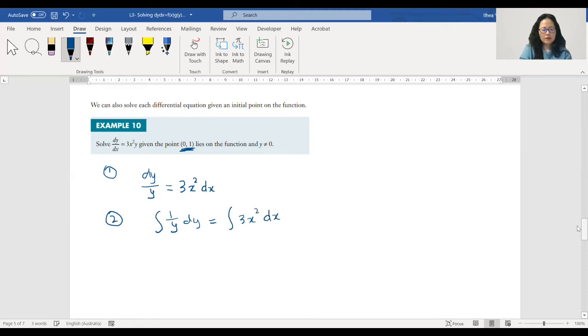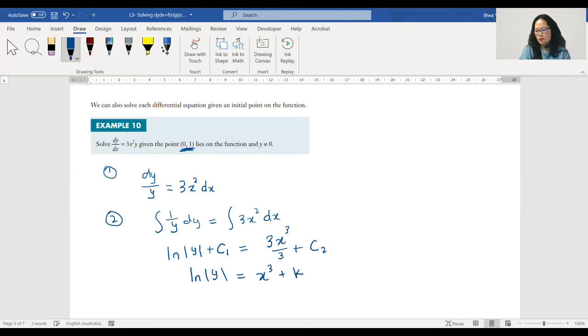Okay, on the left hand side, 1 over y integrates to ln y. You should have that in your head before we start. Plus C1. And then I'm going to integrate this normally, and tighten it up a bit. x cubed plus k. Okay, so that wasn't too bad.